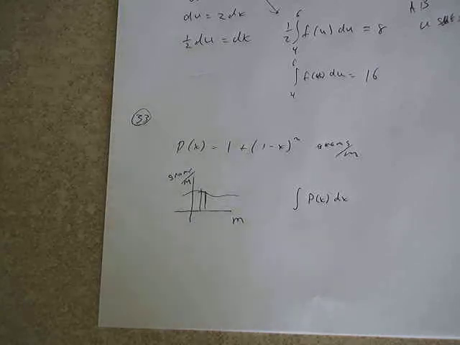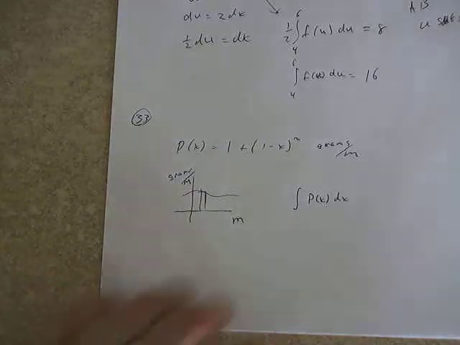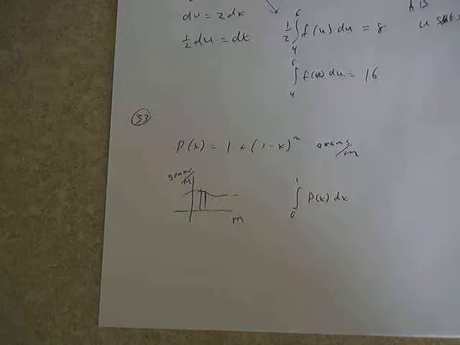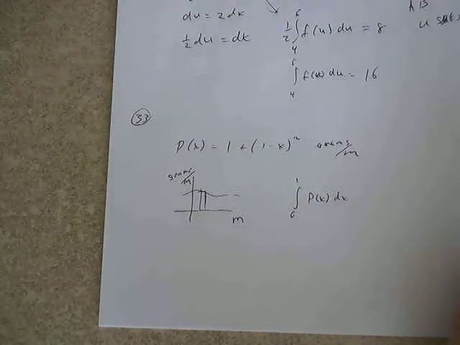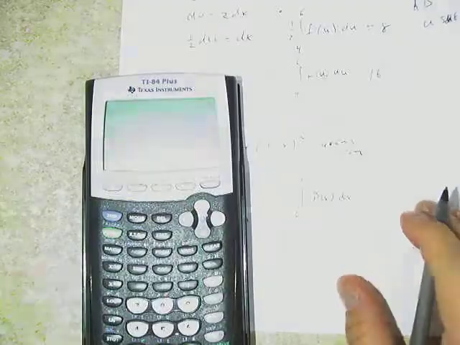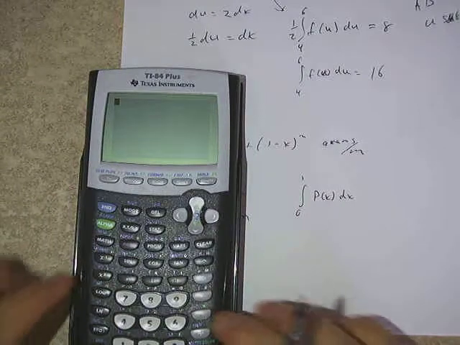What about the limits here though? How long is this object? It's just 1 meter, isn't it? Then we go from 0 to 1 meter. Because ultimately it says this is measured in x meters from one end of the object.